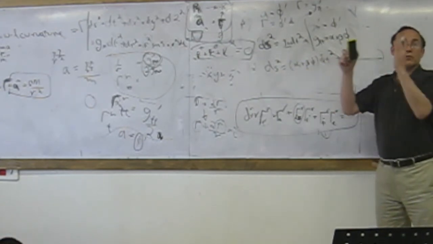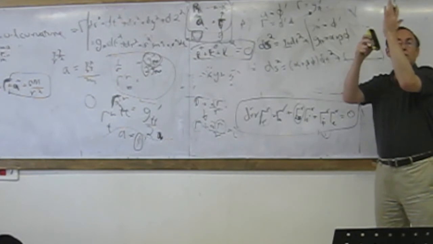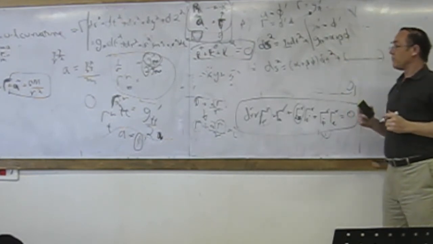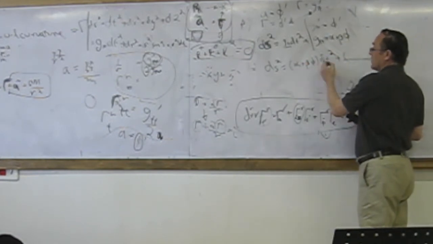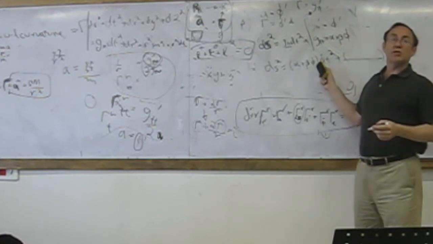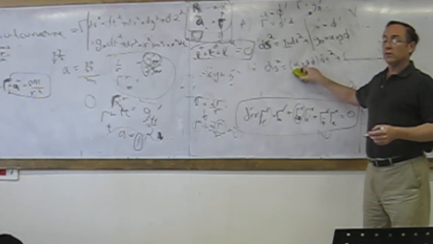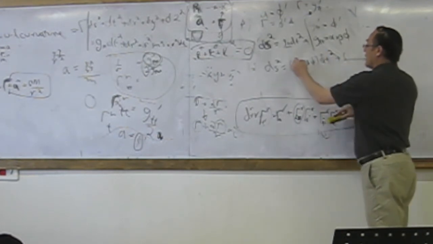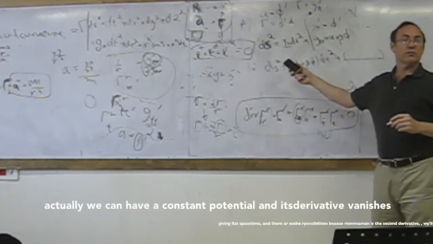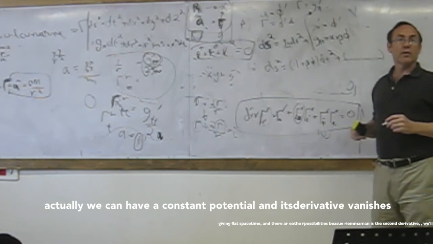All we need is time warping to take into account the curvature of the world line, which is the acceleration. Now our intuition tells us that in the absence of any field, this should be 1. So we're going to have a 1 over here, and when this potential vanishes, it just becomes dt squared. So we expect this.